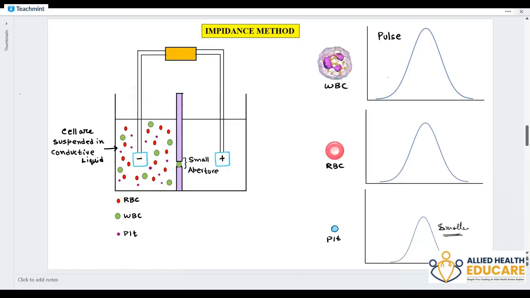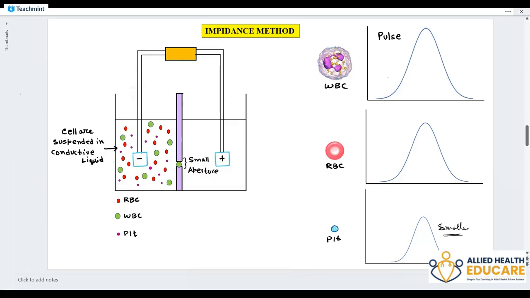The machine employs a special principle called the Coulter principle, or impedance method. The impedance method is a method by which an instrument can measure the count of different types of cells: WBC, RBC, and platelet.